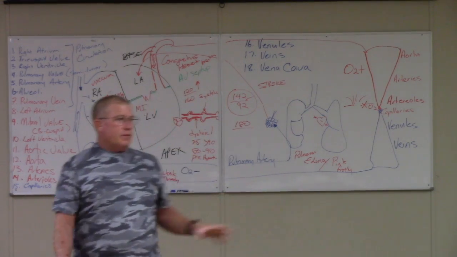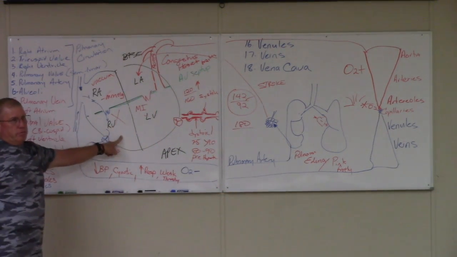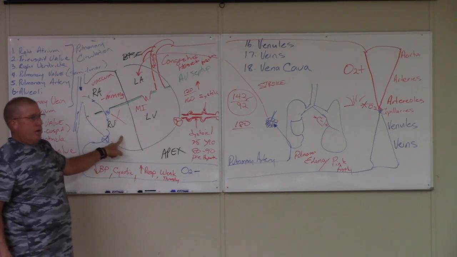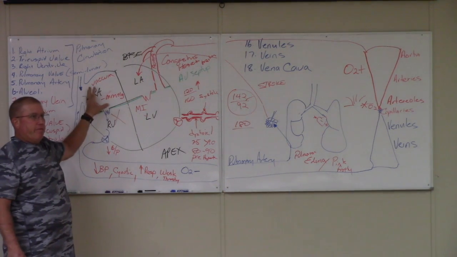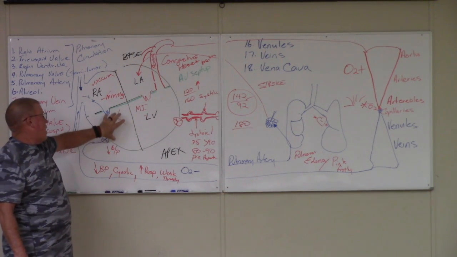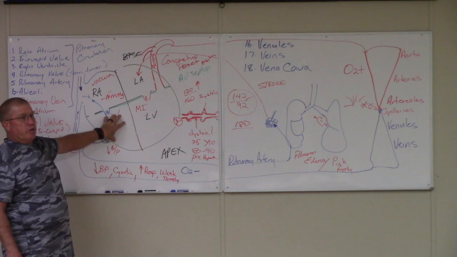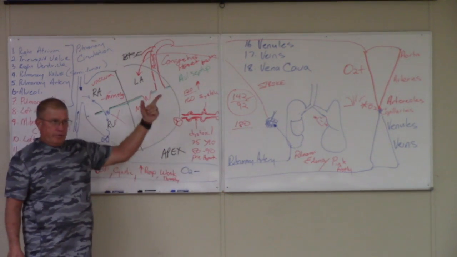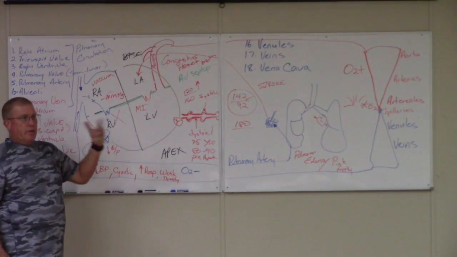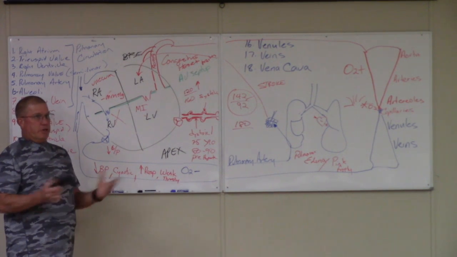But what it does in a nutshell is the atriums preload the ventricles. That's their primary purpose, okay? If they're not able to preload, they're not going to have as much stroke volume or minute volume, which reduces the amount of blood that's circulating through the lungs, which results in inadequate perfusion. Congestive heart failure.